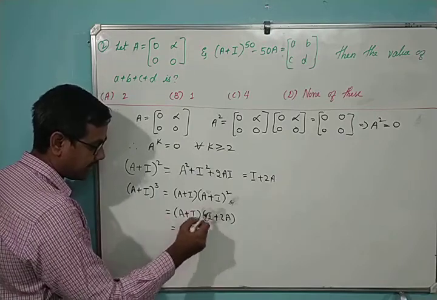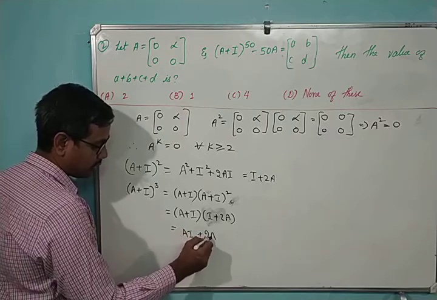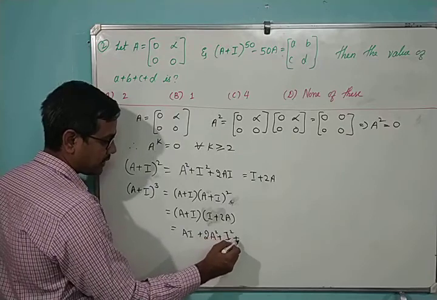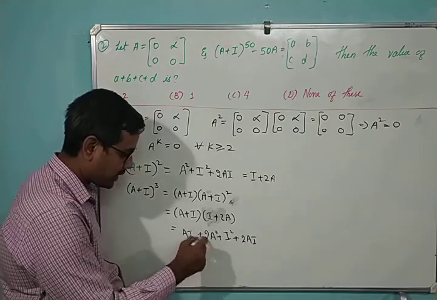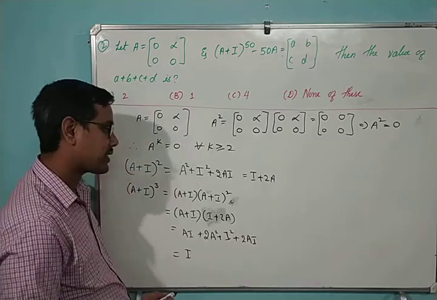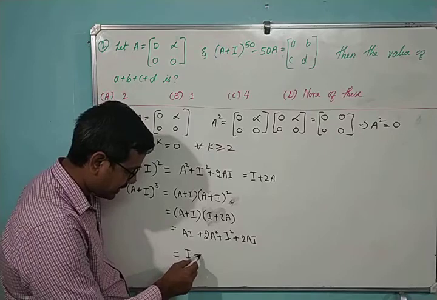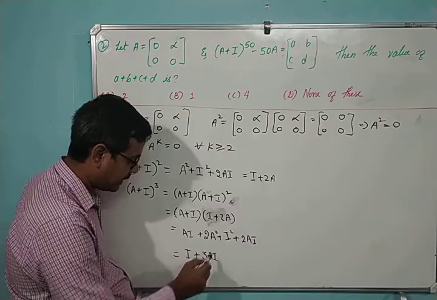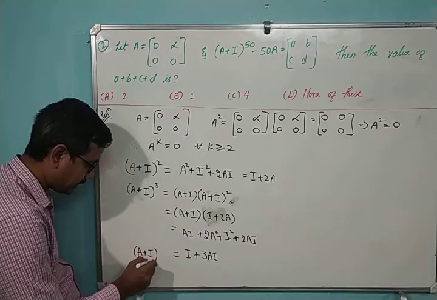So if I calculate, it is AI plus 2A square plus I square plus 2AI. A square is 0, so this becomes 0. I square is I only. So this is I plus 3A, which is (A + I) the whole cube.